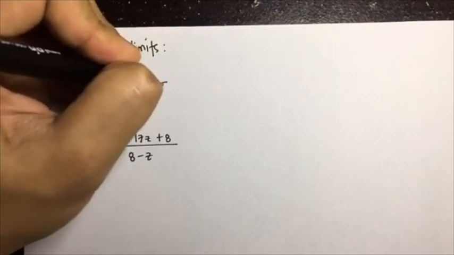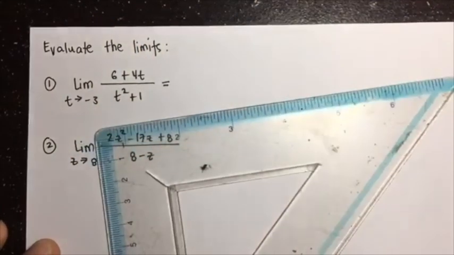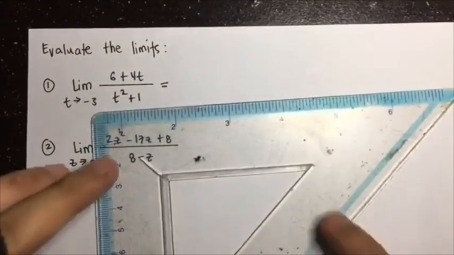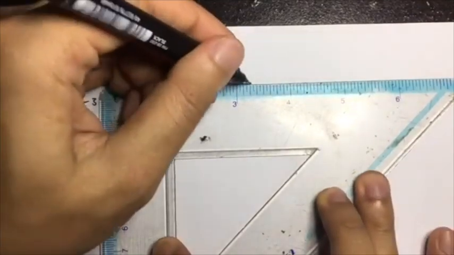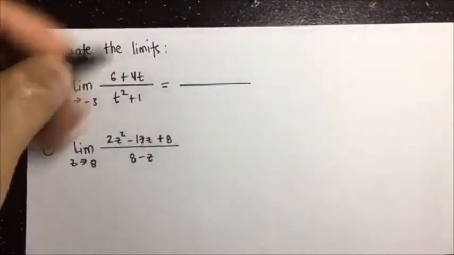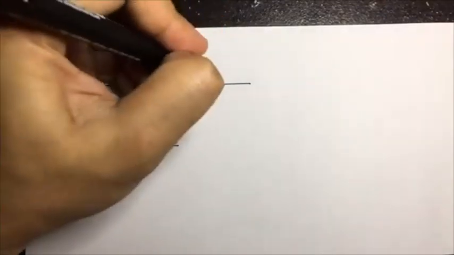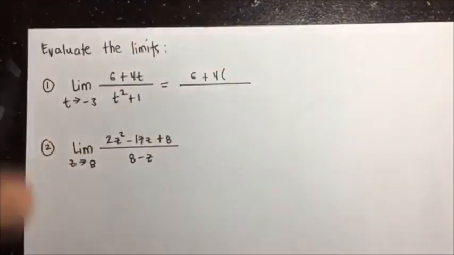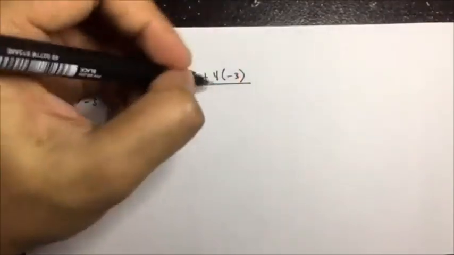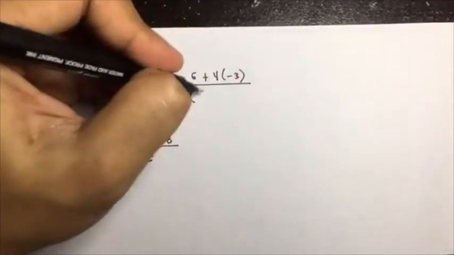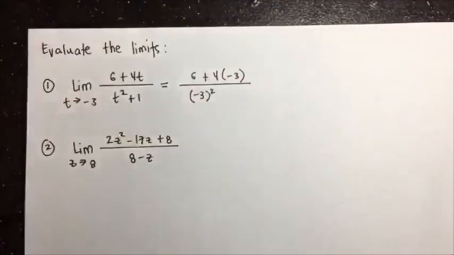So we just substitute. We have 6 plus 4 times negative 3, over negative 3 squared plus 1.